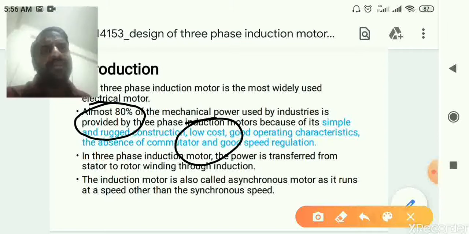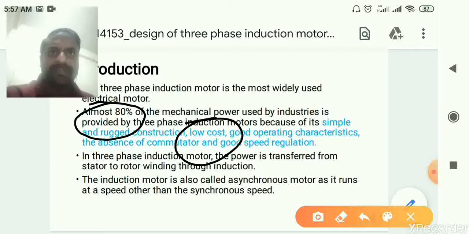Therefore, as soon as EMF is induced, the conductors start to carry current, and that current produces its own flux, which we call the rotor flux. It means at this moment there are two fluxes available in the air gap: one produced by the stator conductors, and another produced by the rotor conductors.